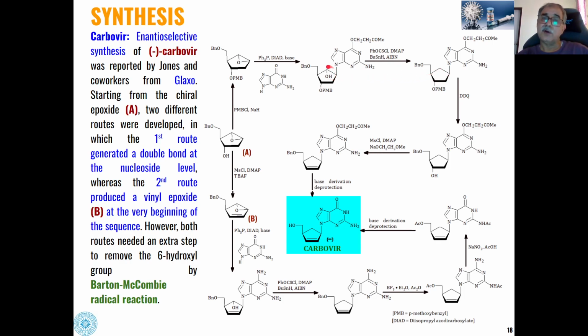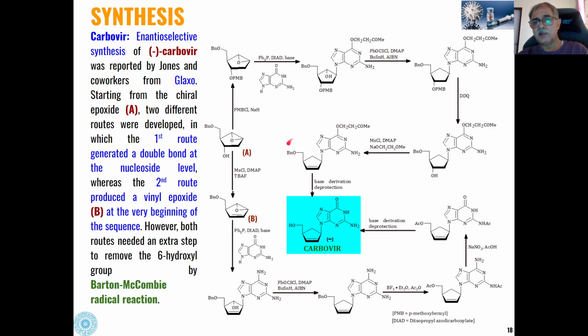So alcohols are converted into alkanes by this method. Then through DDQ, the hydrolysis of this ether linkage will take place, and we will get the corresponding alcohol, and then dehydration will take place at this position in presence of acetyl chloride, DMAP, and this base.